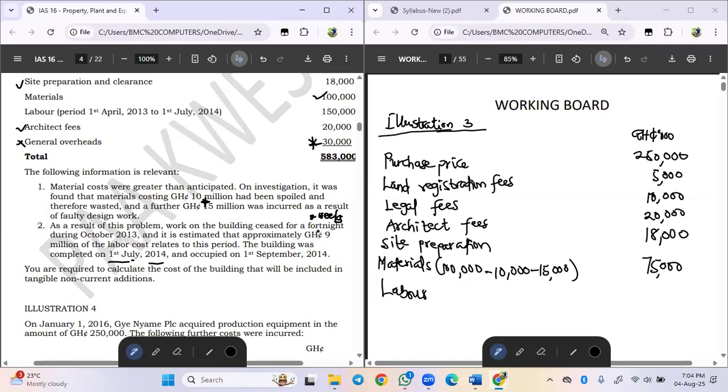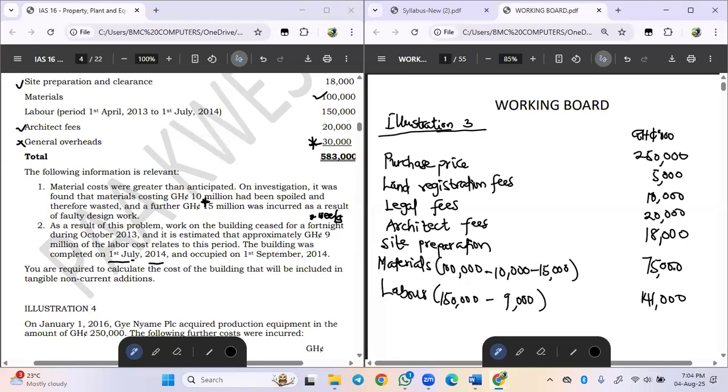And that time, they didn't work on the project. Okay, because they said they ceased for a fortnight, meaning during those days they were not working. Okay, so you have to take it out. So that one too will be 150,000 minus 9,000. Then you get 141.